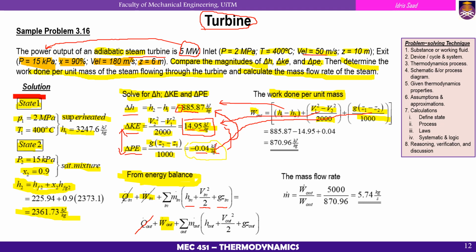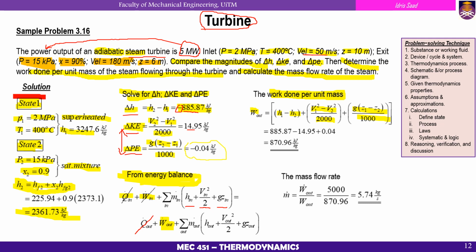Then we substitute the values. Please remember when we substitute the values, do not change the sign convention. When we change the sign convention, mathematically it will change our positive and negative, and we get a different value.